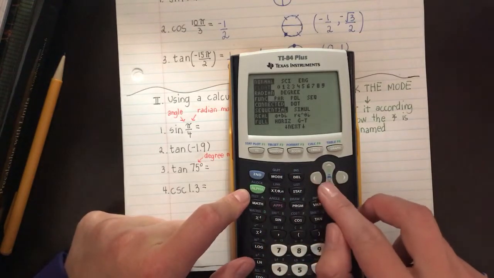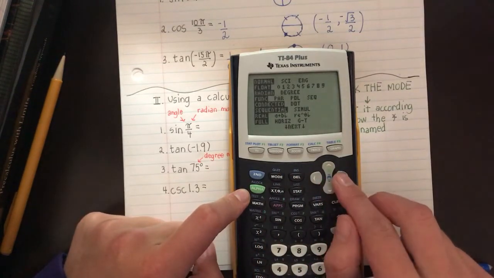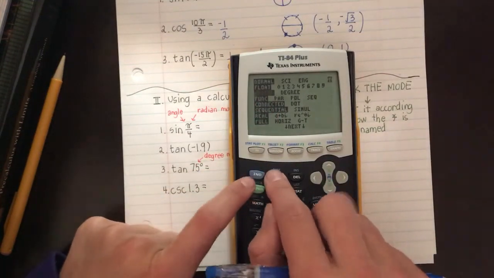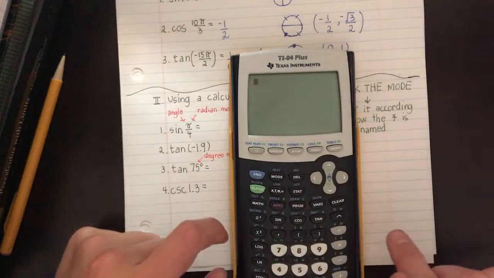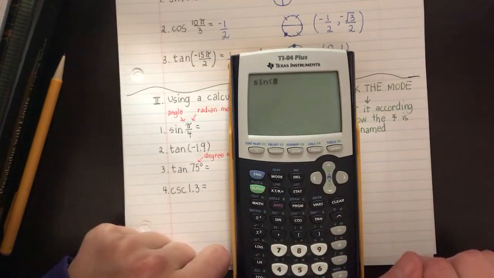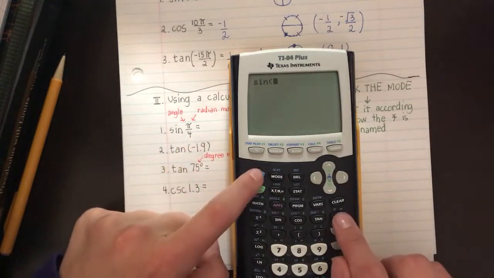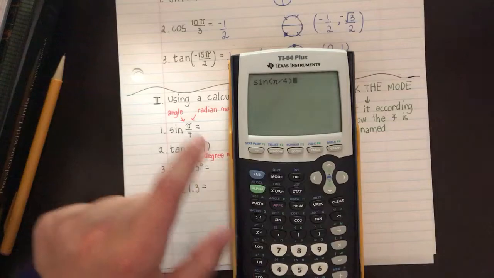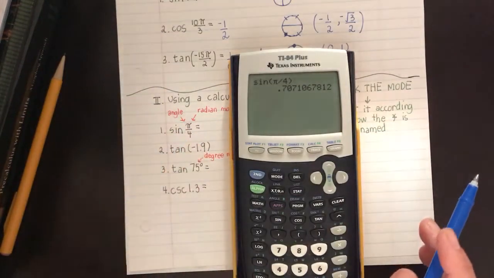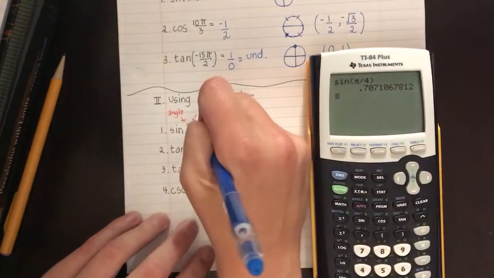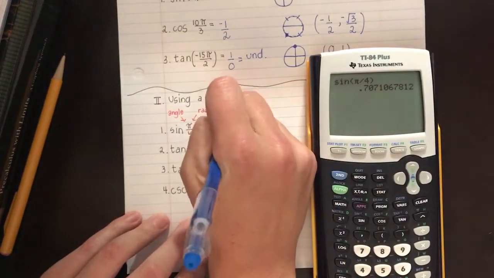Check to make sure it is in radian mode, and it is. Notice the radian is darkened, so you don't need to do anything. Second quit out of there, and find the sine of pi over 4: find pi, divide it by 4, close the parentheses, and you get 0.707, rounding to the thousandths.